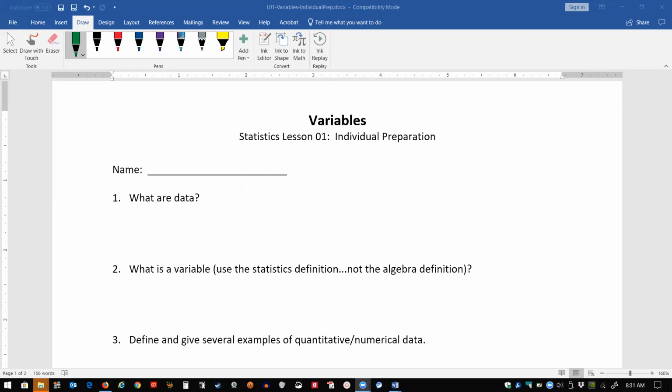So we're going to introduce in this lesson some of the basic terminology that applies to variables, that applies to data. So the very first question is, what are data?